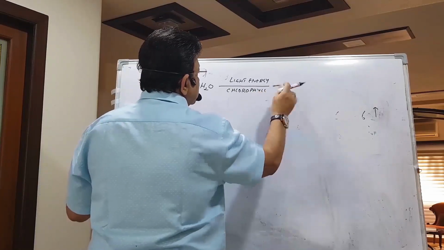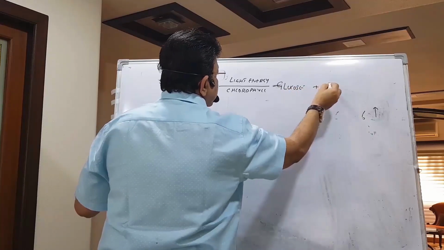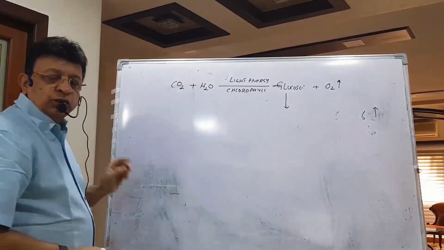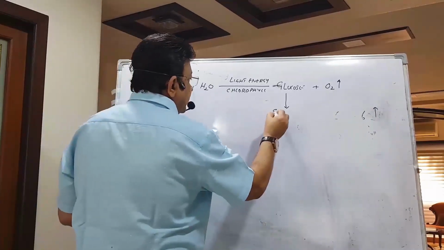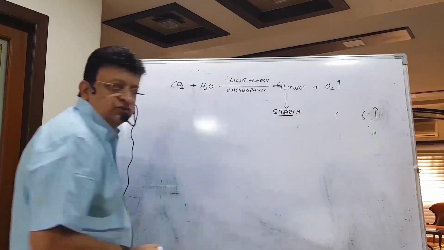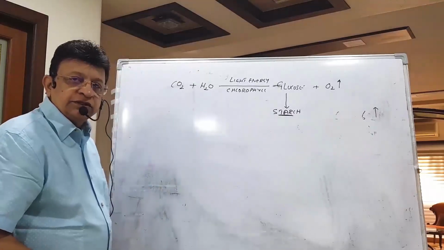What is going to be produced? Glucose. And what is going to be released? Oxygen. Pay attention. As soon as glucose is produced, it is stored as starch. When I take personal classes, once the school reopens, I'll make you understand why glucose is stored as starch.